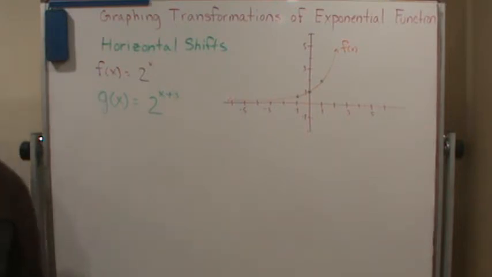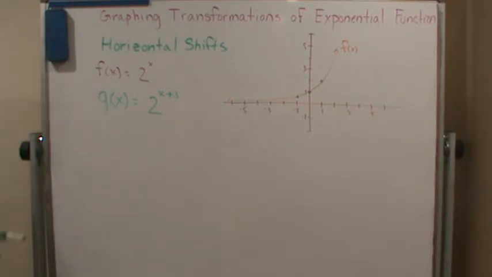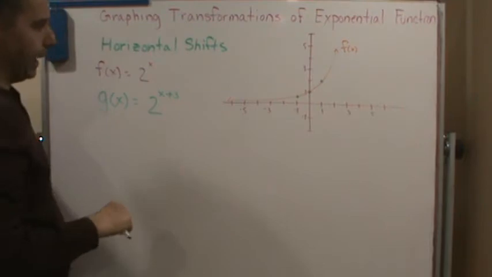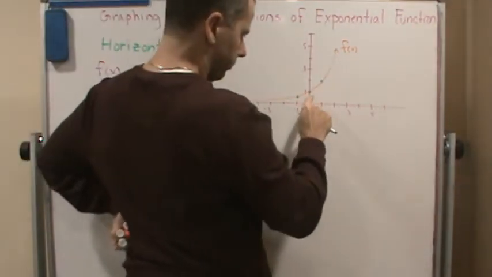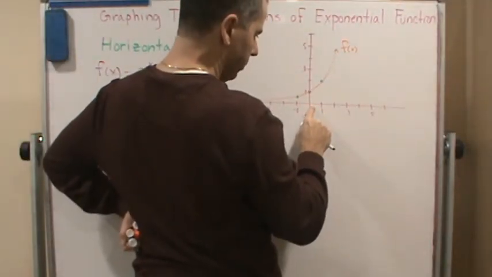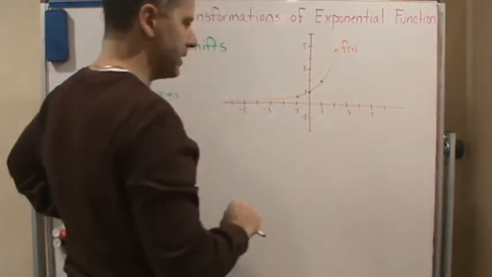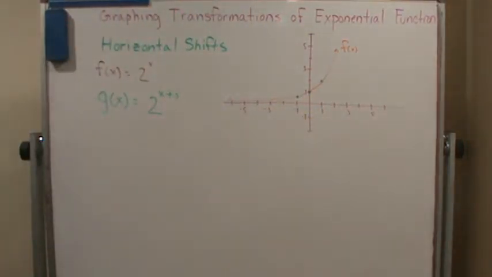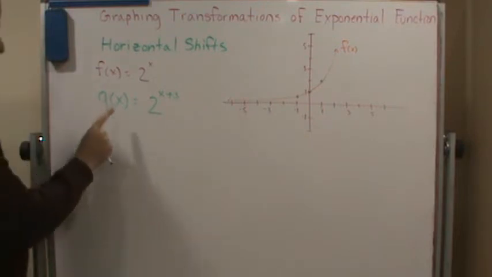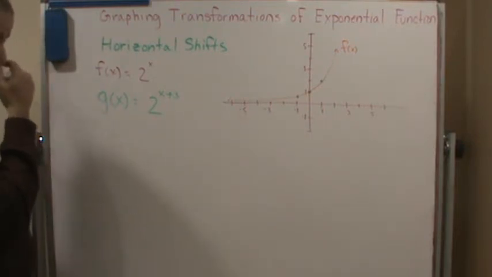Okay, so now how does that affect my graph? Well, think about it this way. I know when x is 0, y is going to be 1. Now the question is when will my function be 1 for g of x?